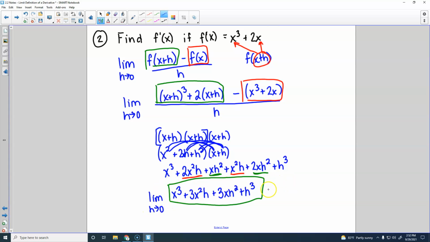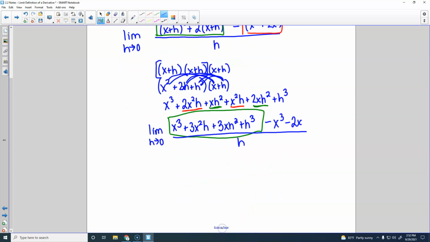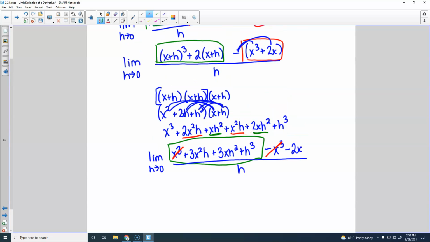So we still need, I'm going to distribute this negative. We still need minus x cubed minus 2x all over h. We should have things that cancel, because when you're doing these problems, x to the third cancels. What else cancels? Hold on. Oh, what have I done?